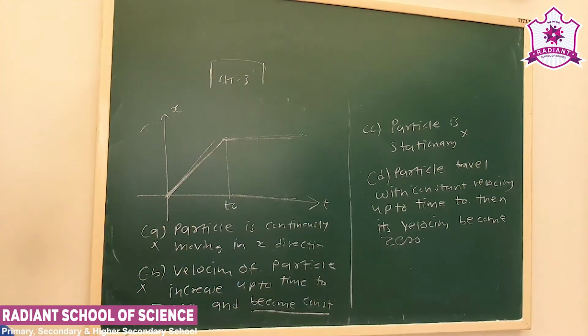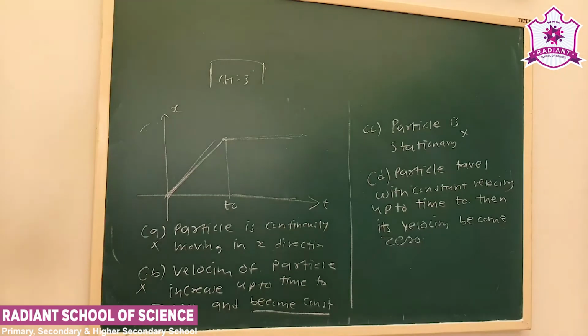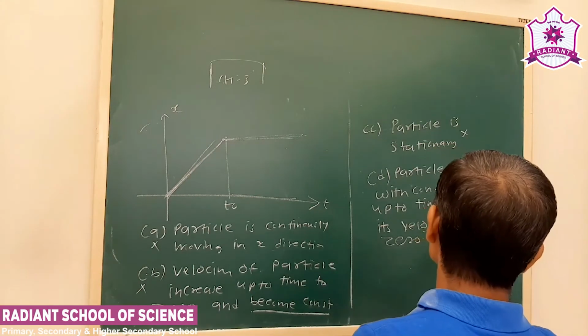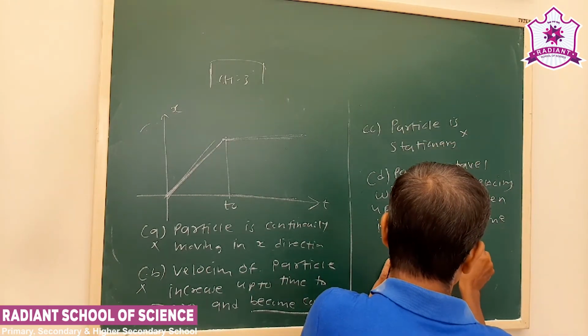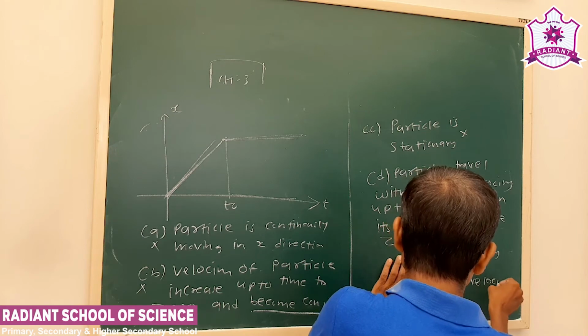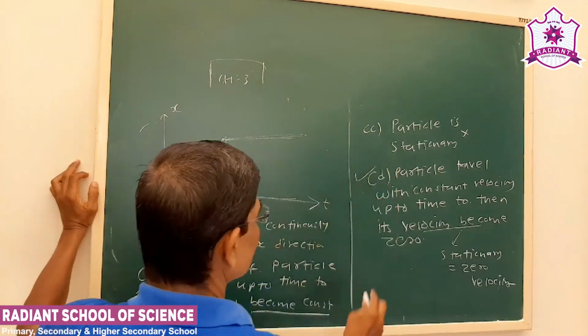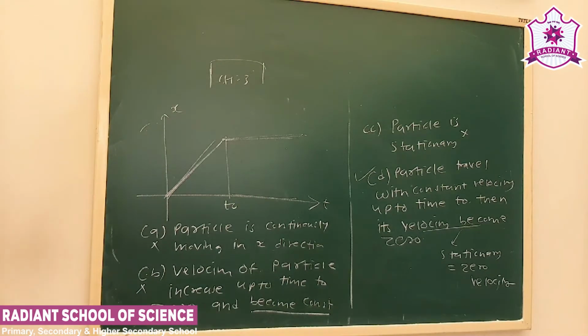We have seen earlier, if the x versus t graph is a straight line parallel to the time axis, then the particle is stationary, which means zero velocity. So which is the correct option? The particle travels with a constant velocity up to time t0, and then its velocity becomes 0. So this is a useful example.